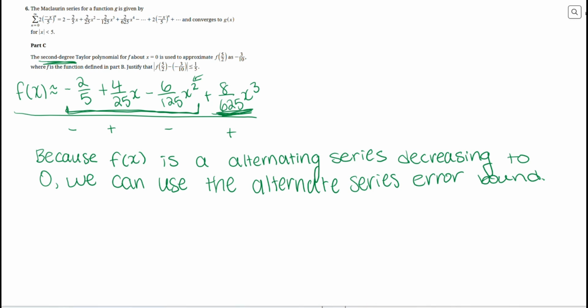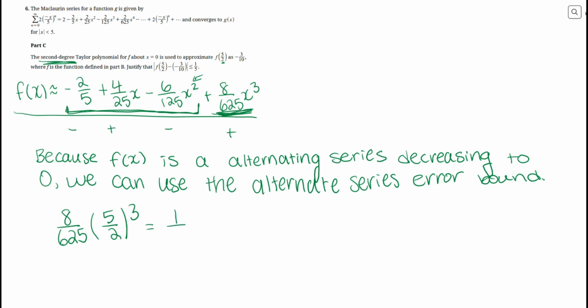And how you do this is you just take the next term, 8 over 625, and then you simply plug in your x value, which is 5 over 2. 5 over 2 cubed. And then we can solve this, that becomes 1 over 5.